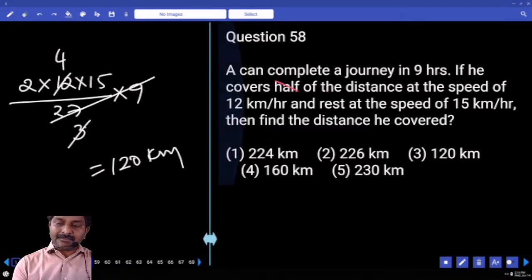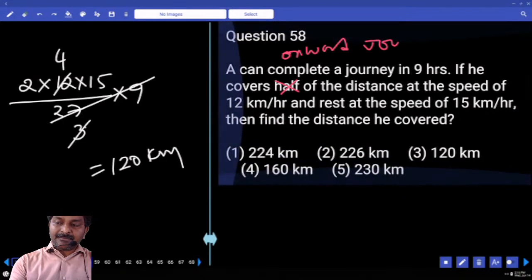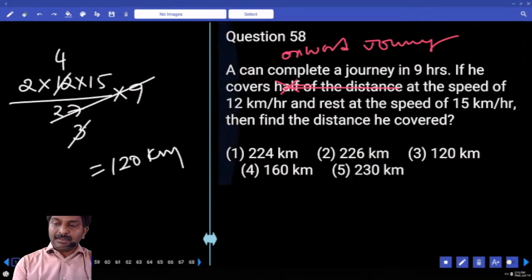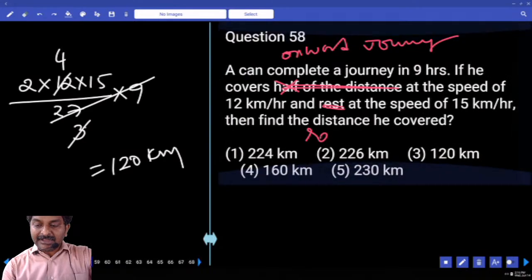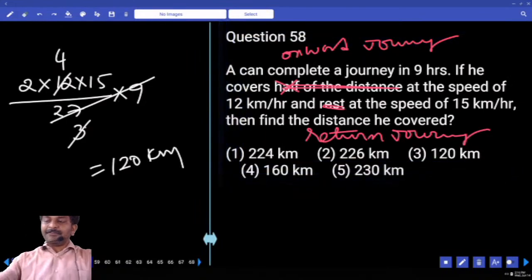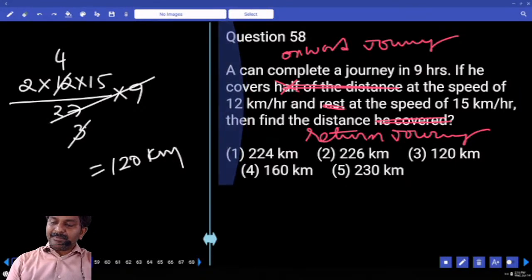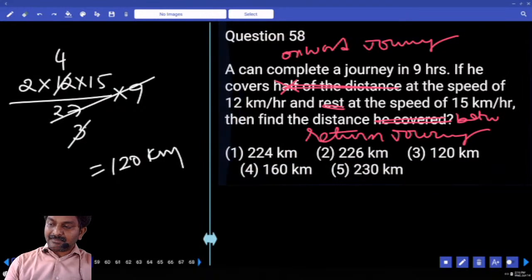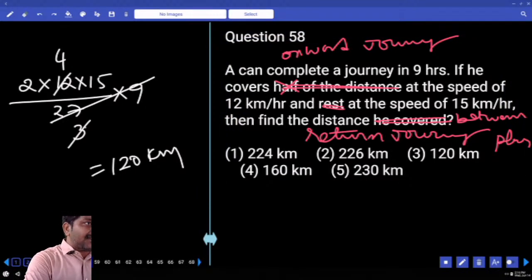If he covers the onward journey at a speed of 12 km per hour and the return journey at a speed of 15 km per hour, then the question is: find the distance he covered between the two places. What must be your answer?